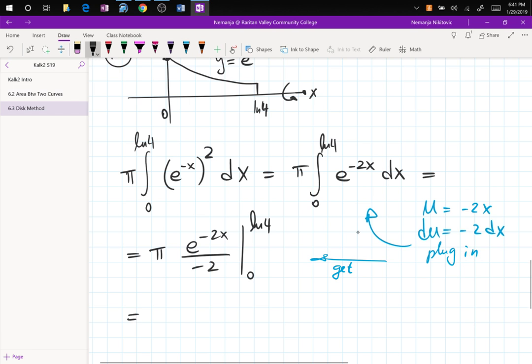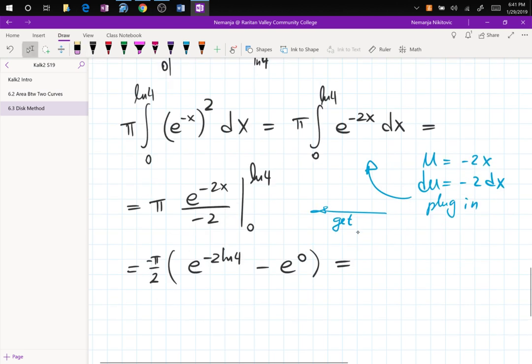Now we have pi times, plug in ln4, so we have, you know what, I'm going to kick this negative 1/2 outside, so this becomes negative pi over 2 outside, so I don't have to worry about it. I have e to the negative 2 ln4 minus e to the 0. This is negative pi over 2.